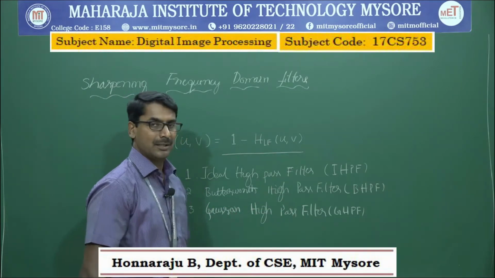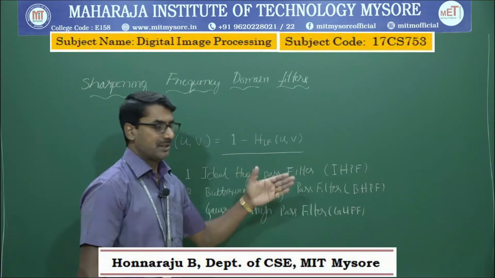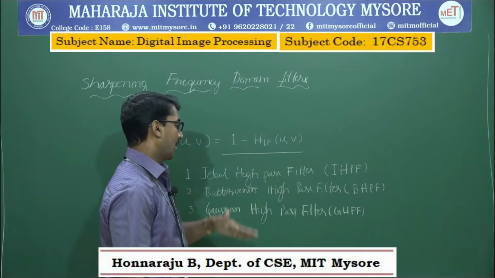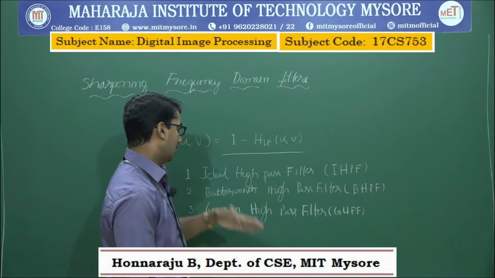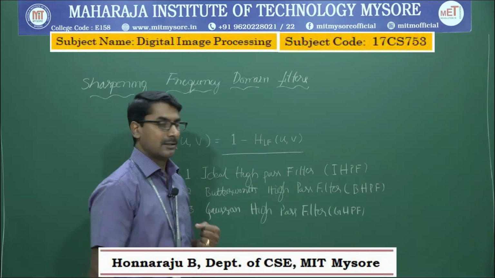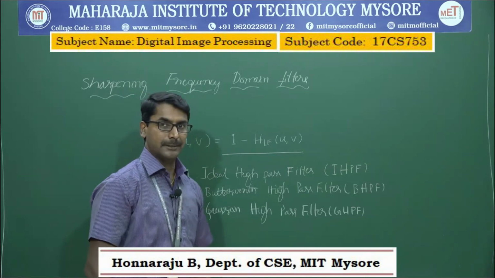Here the operations are the reverse of the ideal low pass filter, Butterworth low pass filter, and Gaussian low pass filter. Okay, let's discuss the first method, the ideal high pass filter.